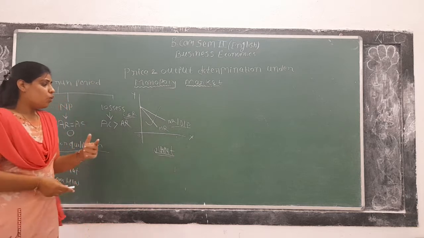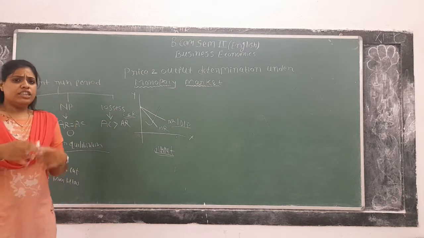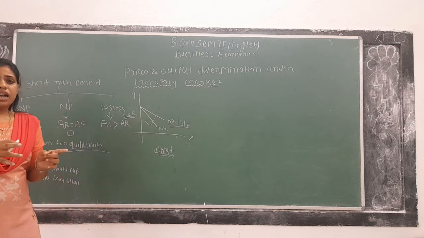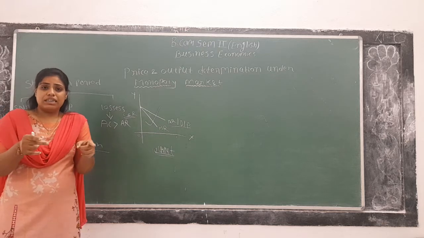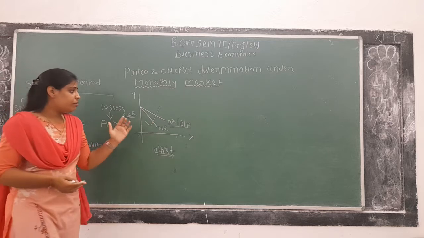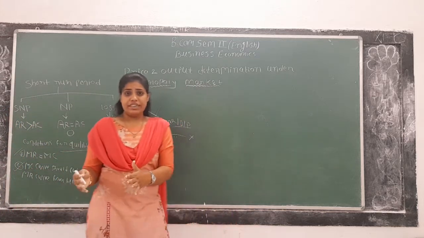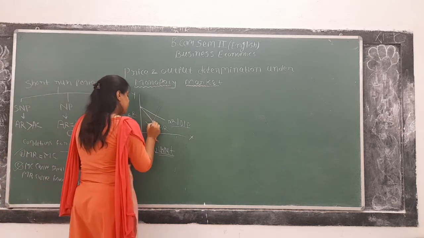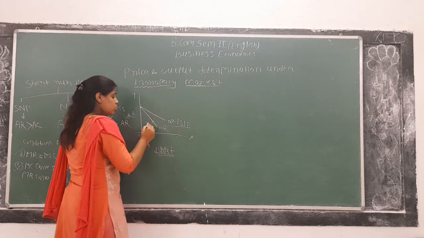As we have seen, when production rises, earlier the marginal cost decreases due to economies of scale. After that, at some point it becomes constant as the economies get counterbalanced, and after a certain period it increases because the diseconomies increase at a faster rate than the economies of scale. That is why the marginal cost curve has such a slope.